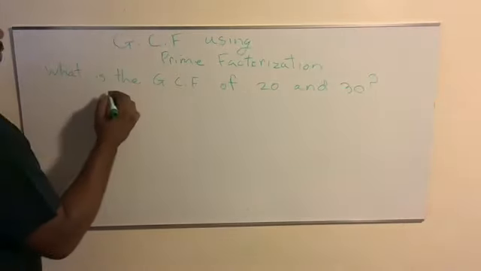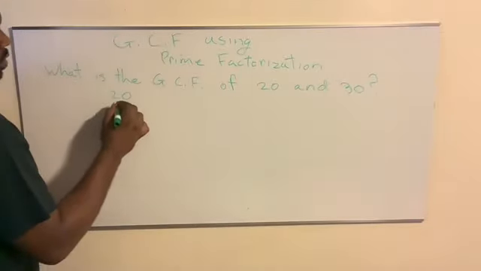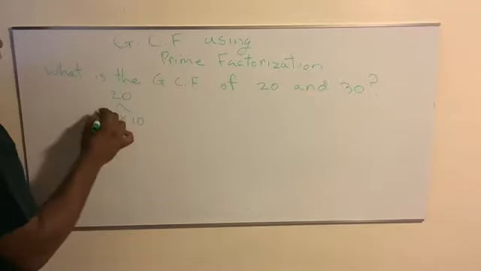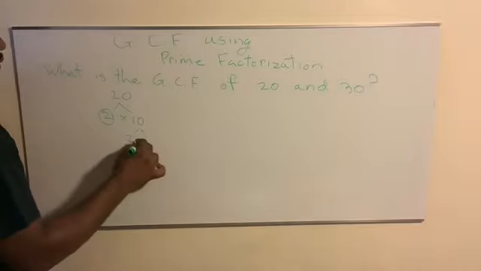So, let's do a prime factorization of 20. So we can start off with 2 times 10 and 2 times 5.